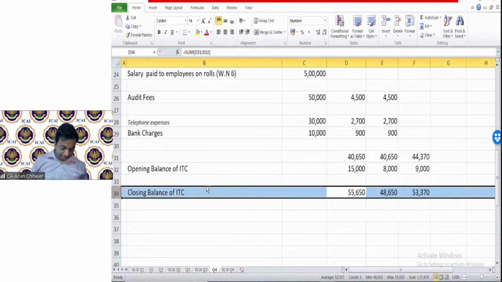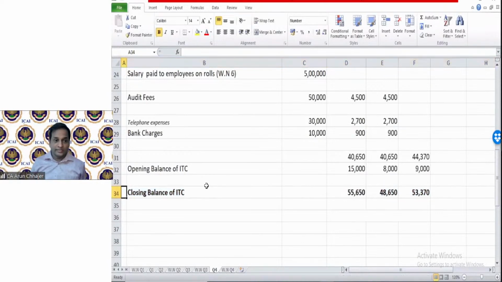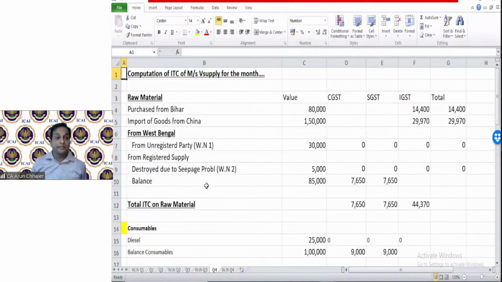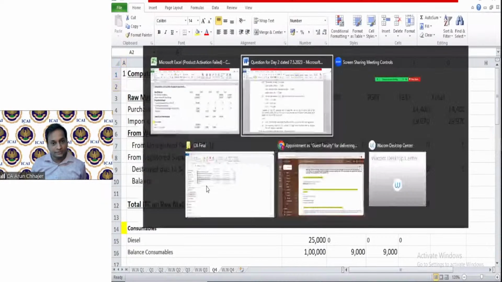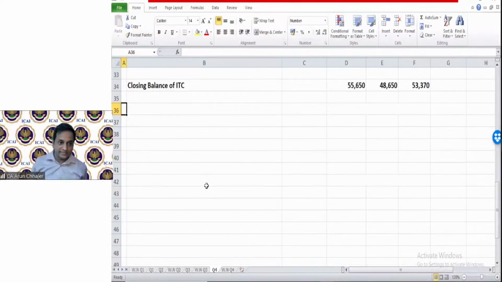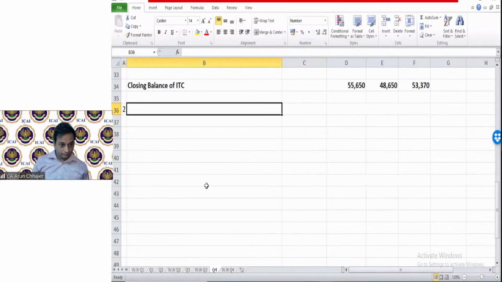Absolutely correct number. So one part is completed, the computation of ITC. Okay. Now let's see what the tax liability on the sales is. Tax liability on the outward supply. Okay.